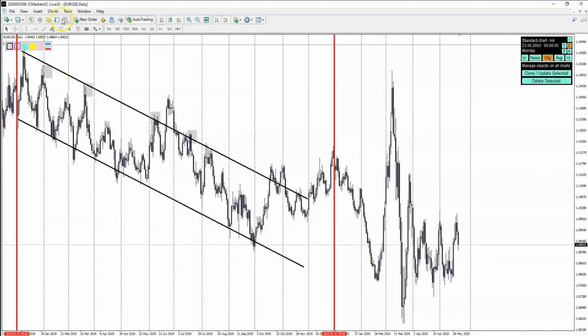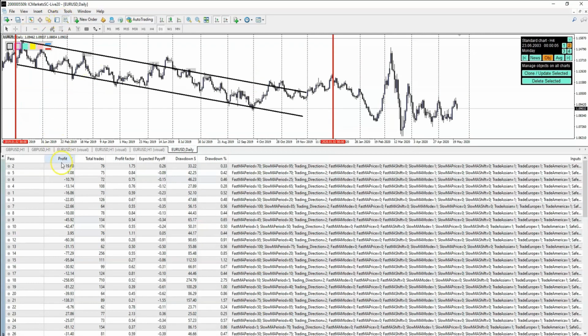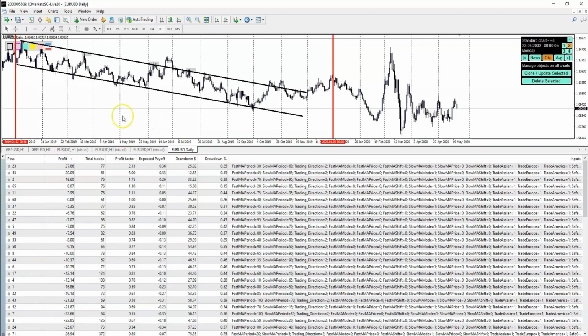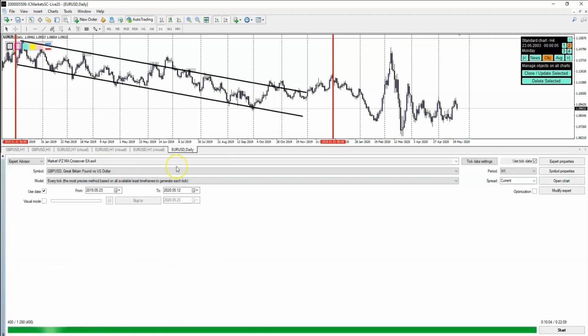Looking here, we're going to go into the strategy tester. I've just been running an optimization on the last 12 months for a moving average crossover system. All of this might look confusing at first, but I'll go into it in detail if you decide to join us as a member.